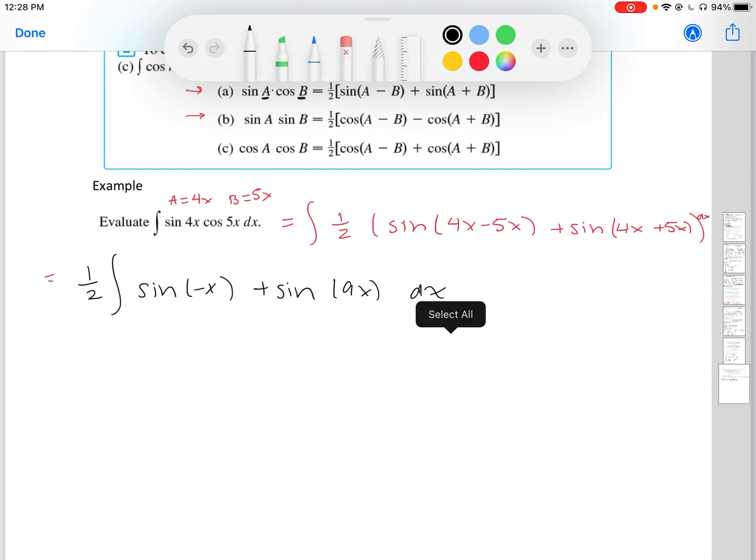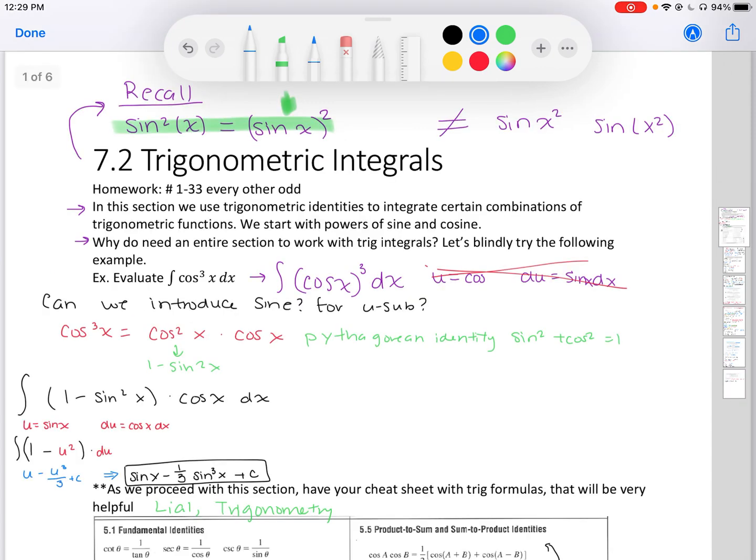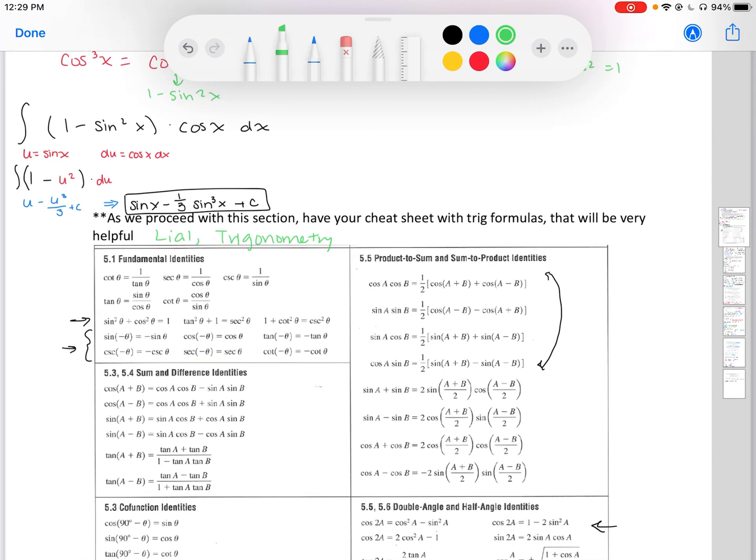Now remember, sine is an odd function. So if my argument inside is negative, then we can move that negative forward. Let me jump back to the beginning and see why that is. Right, sine is an odd function. Okay, jumping back to our example.